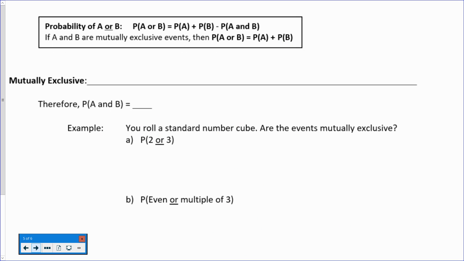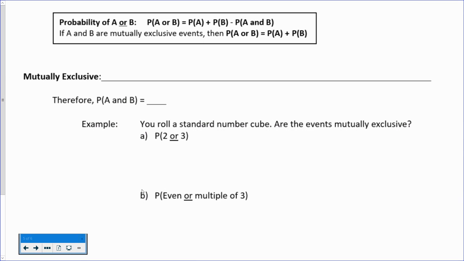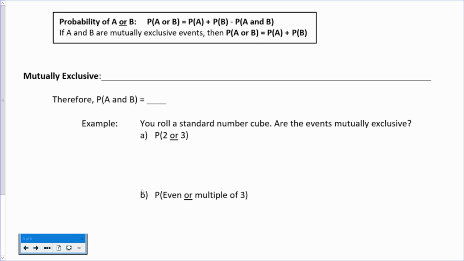All right, so now we just looked at the probability of A and B. Now I want the probability of A or B. How it is worded, using those little clue words and or or, is going to tell you a different way on how to calculate the probabilities.